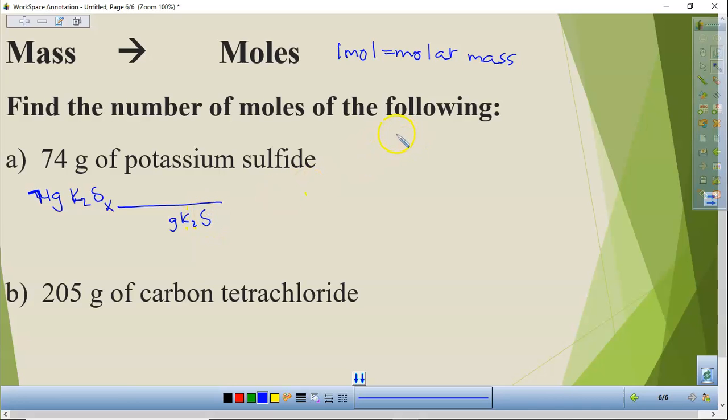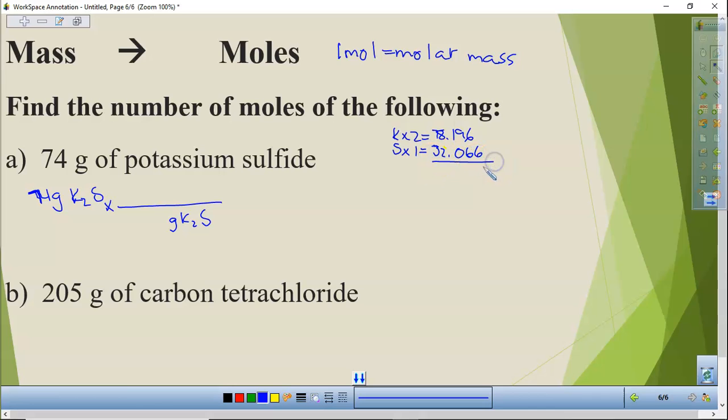So I go over here and I know that there's 2 potassiums, so K times 2, and there's 1 sulfur, sulfur times 1. So potassium times 2, you find potassium on the periodic table and it's 39.098, and you multiply by 2, and it gives you 78.196. And then sulfur times 1, okay, sulfur on your periodic table, 32.066.